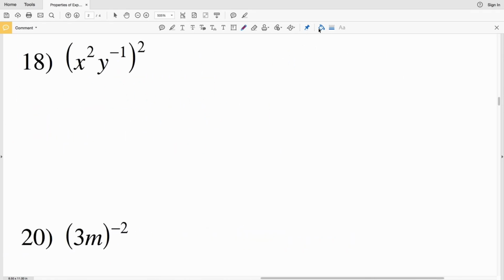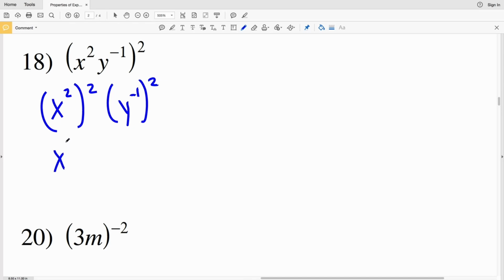In number 18, I'll distribute that exponent of 2. So I'll have x squared squared, and I'll have y to the negative 1 squared. So that's x to the 2 times 2 times y to the negative 1 times 2, which will be x to the 4th, since 2 times 2 is 4, and y to the negative 2, since negative 1 times 2 is negative 2.